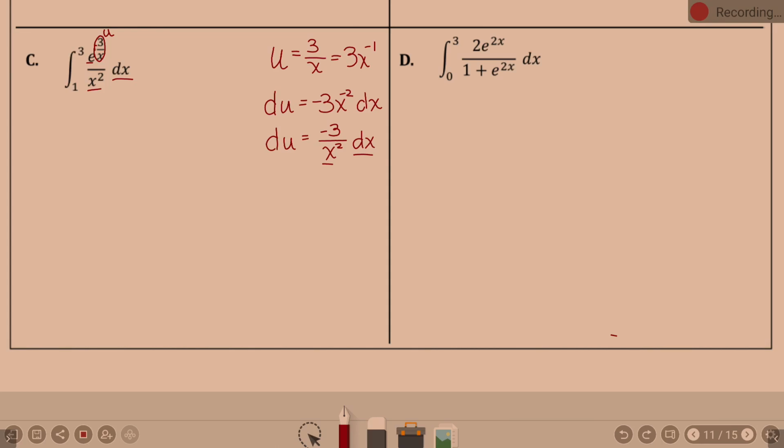You have to divide by 3. It's in the numerator, so we're going to divide by negative 3. So when I divide by negative 3, I'm going to think of this as negative 1/3 du is equal to 1 over x squared dx.